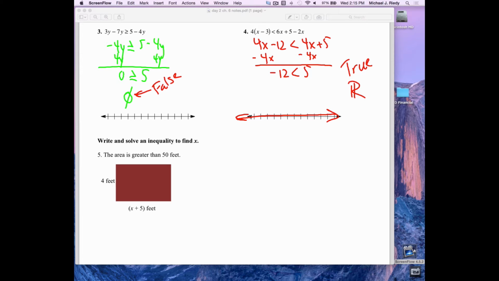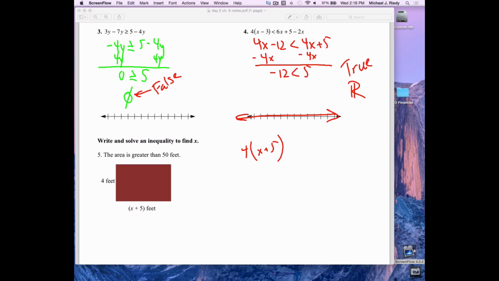Okay, number 5. Write and solve an inequality to find x. The area is greater than 50. We're going to assume that that's a rectangle. How do you find the area of a rectangle, Sam? Base times the height. So 4 times the quantity x plus 5. And what do I know about that value? Correct.